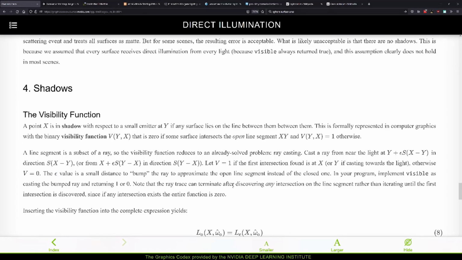Yeah, we just do raycasting like we did before. The difference is instead of having surface calculations, it's just a simple binary: hit something or didn't hit something.